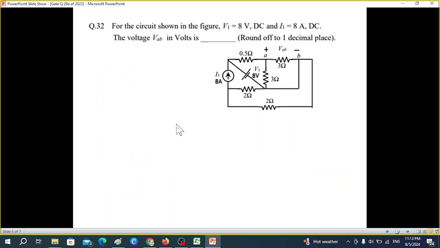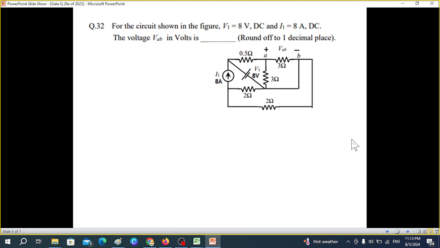Now there's another question that we'll be solving, that is question number 32. For the circuit shown in figure, V1 is 8 volt DC and I1 is 8 ampere DC, and the voltage AB we have to find out.